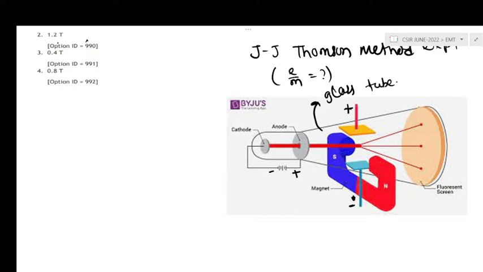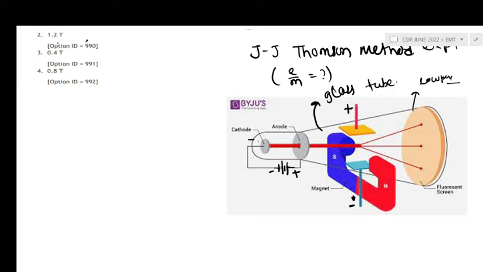This is the cathode and this is the anode, connected to a high potential, so that the cathode gets highly negative charge and the anode gets highly positive charge.